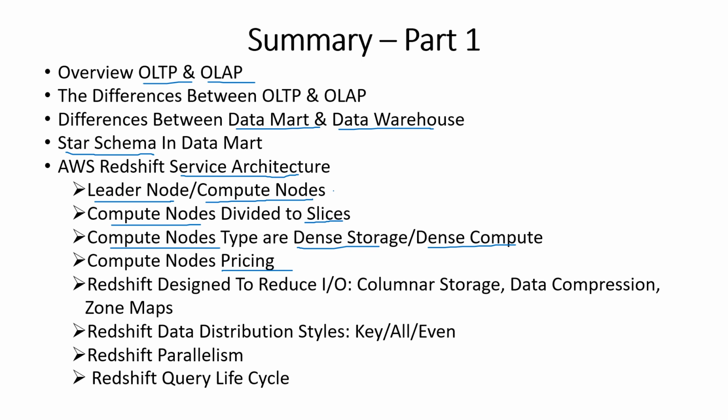I also covered the fact that Redshift is designed to reduce I/O through columnar storage, data compression, and zone maps. I also covered Redshift data distribution styles to be key, all, and even. We went through Redshift Parallelism and Redshift Query Lifecycle.